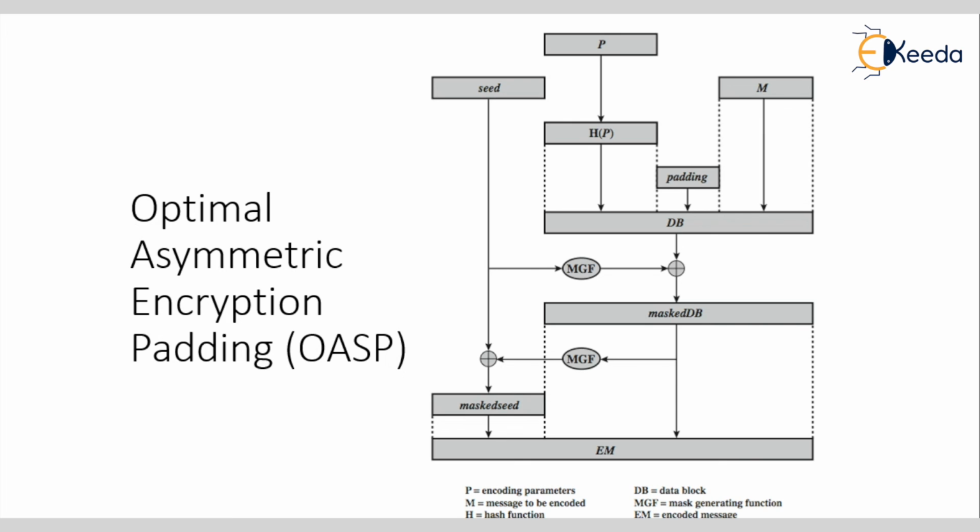After the padding, the data blocks are created, and then those data blocks undergo the MGF function, that is the mask generating function, which is then XORed and masks your data block, and at the end of all these steps we get the encoded message. So this is the optimal asymmetric encryption padding.